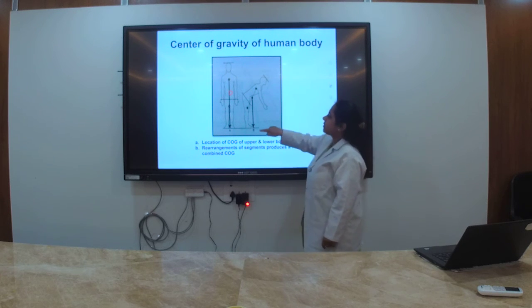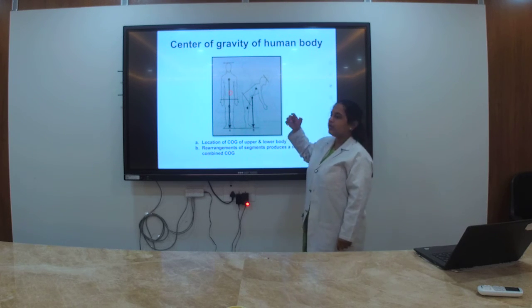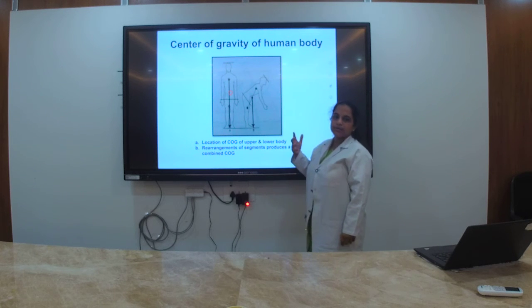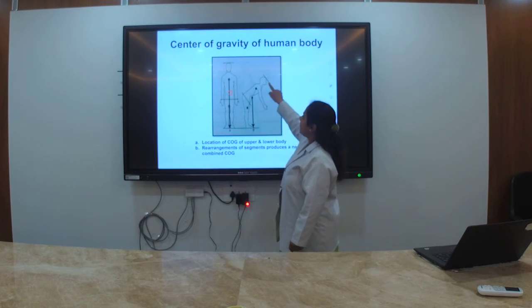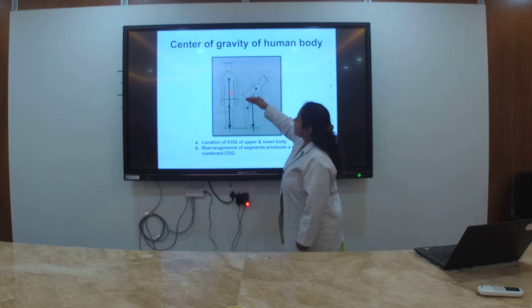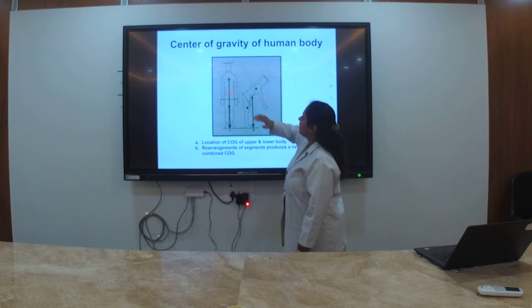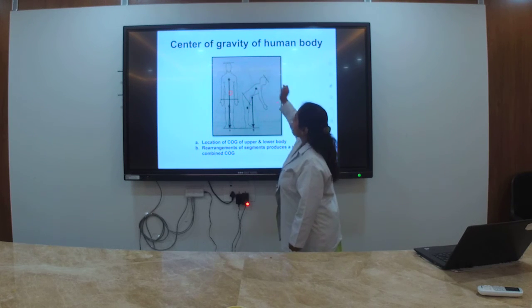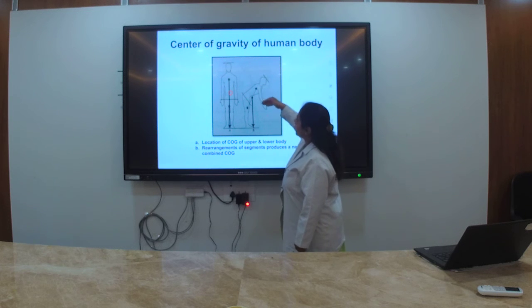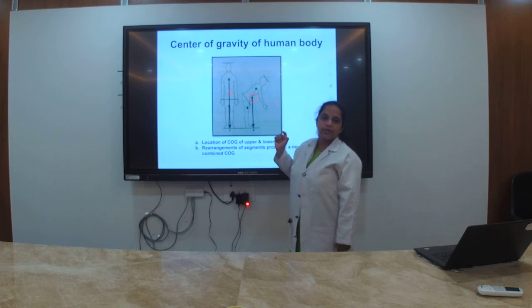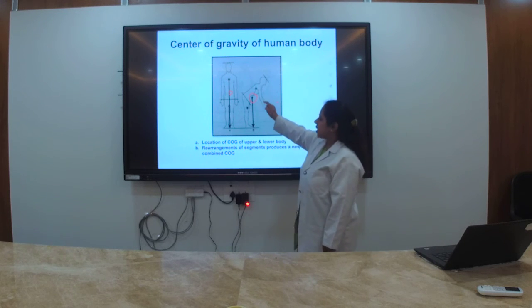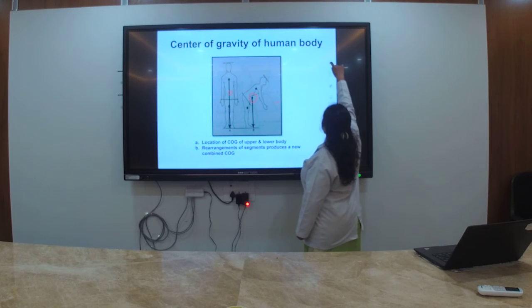Now, if the person is leaning forward, as I have told you, we do this in lots of activities in day-to-day life. When we are bending forward, there is one center of gravity for lower body, one center of gravity for upper body, and when the person is bending forward, the center of gravity is shifted forward and doesn't lie within the body. It goes outside the body.